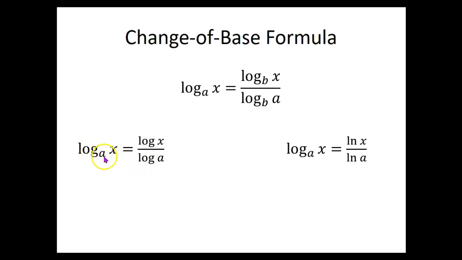You can find a log to any base of a number just by taking the common logarithm of that number and dividing by the common log of whatever the original base was. Or you can use natural logarithms. Take the ln of the number divided by the ln of the original base.